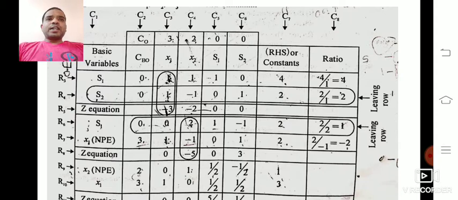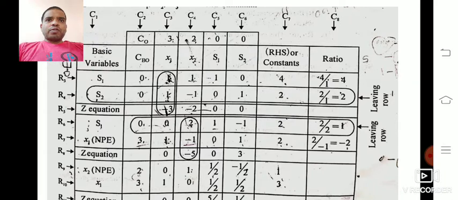Okay, similarly for the z equation R5 row, C4 column we got minus 2. How it comes means, see in the R3 row, s1 is 0. Okay, for x2 it is 1 below in the R3 row, 0 into 1.